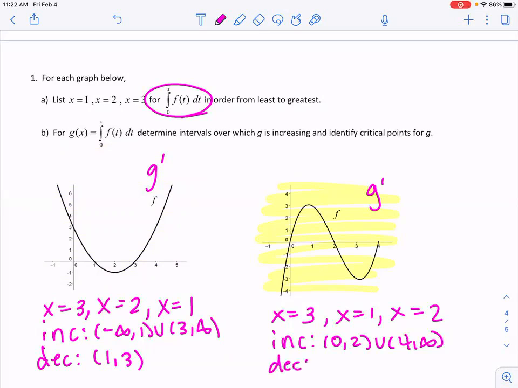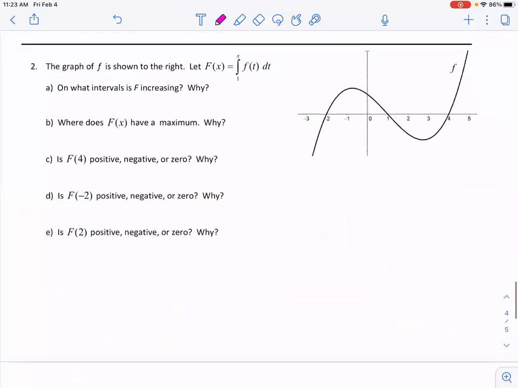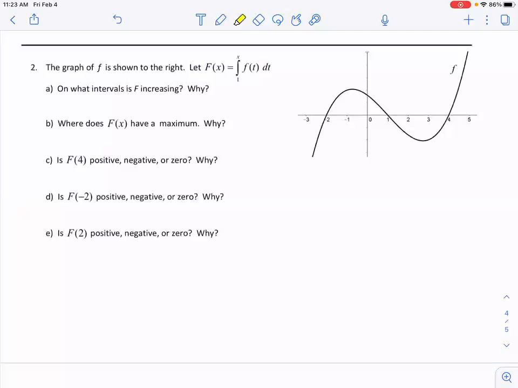And our function G is decreasing where, Carolyn? Awesome. Now let's go to number 2. Here is our function, which means this guy right here is big F prime.